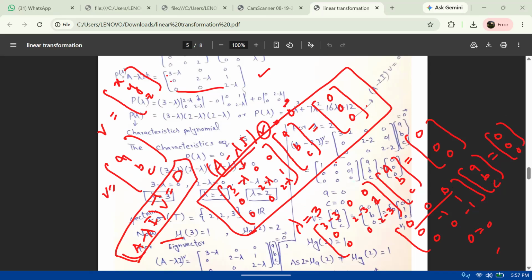In the next case, you multiply this row with this column in the way that I am doing here. Multiplying 0 with A gives you 0.